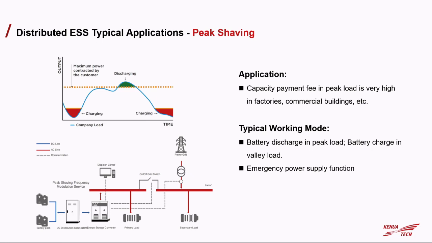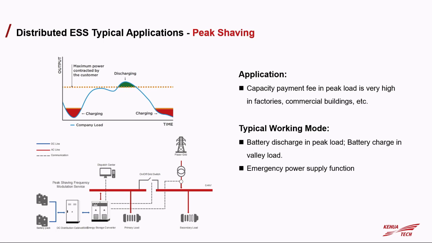For this application, its name is peak shaving. As you can see in this figure, the horizontal axis is time in 1 day, and the vertical axis is output power of the load. In 1 day, normally the load level is low between the evening and the morning.